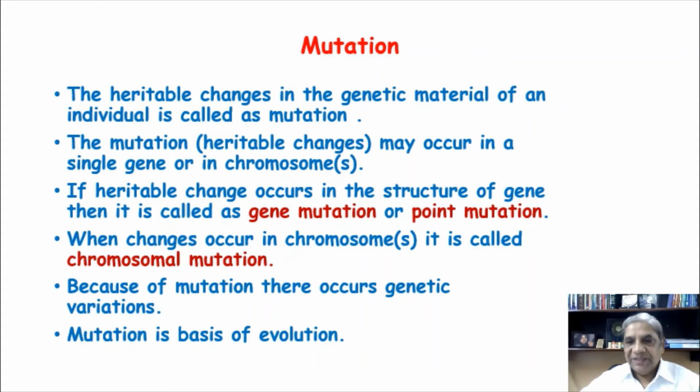The point mutation, that means mutation within a gene, or the chromosomal mutation, which may be numerical changes, where the chromosome may be more, as in trisomy, or less, as in monosomy, or changes in the chromosomal structure, for example deletion, isochromosome, ring chromosomes, and translocation.